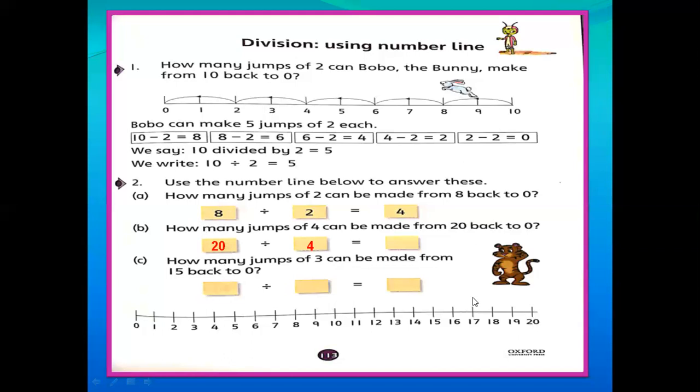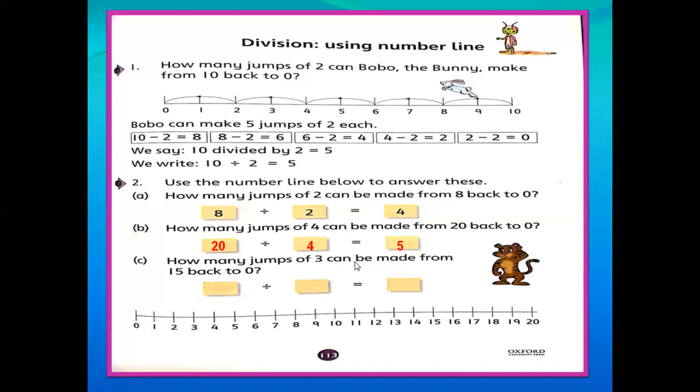So from 20 to 16, 1, 16 to 12, 2, 12 to 8, 3, 8 to 4, 4, and 4 to 0, 5. Another way, we read the table of 4: 4 ones are 4, 4 twos are 8, 4 threes are 12, 4 fours are 16, and 4 fives are 20. So 20 comes when we multiply 5 with 4.